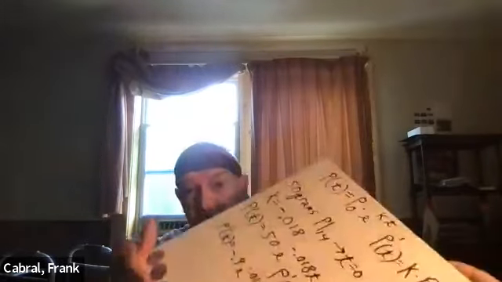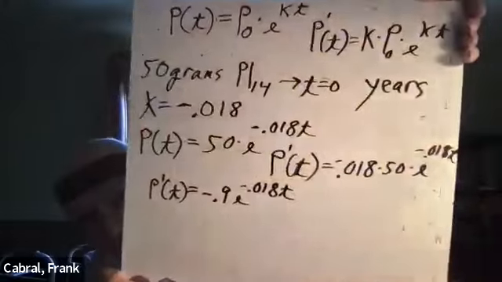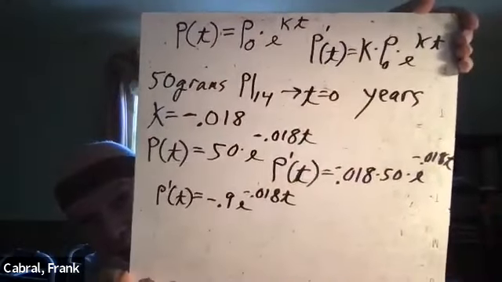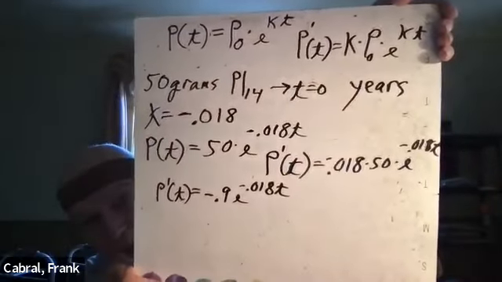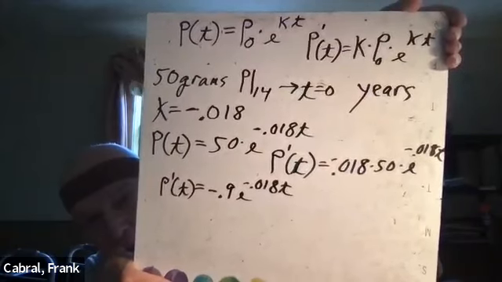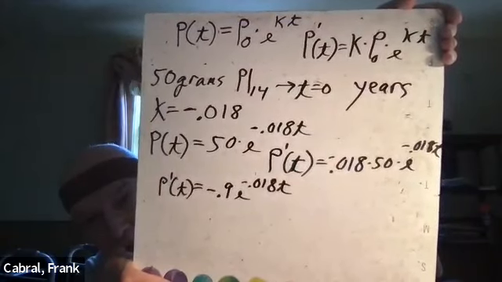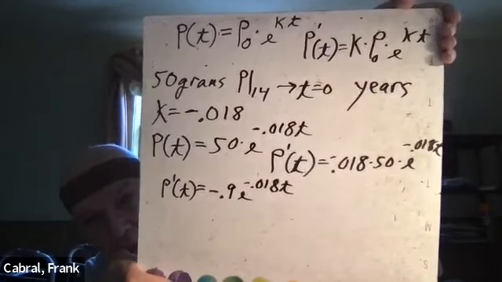Notice that the decay rate is going to be negative, which means, of course, it's decaying. It's losing its mass or volume because it's a radioactive decay.